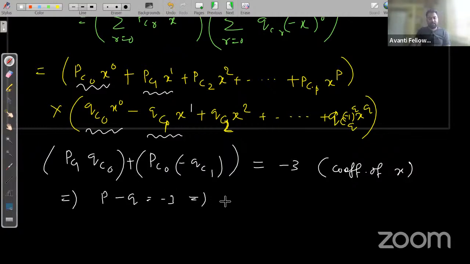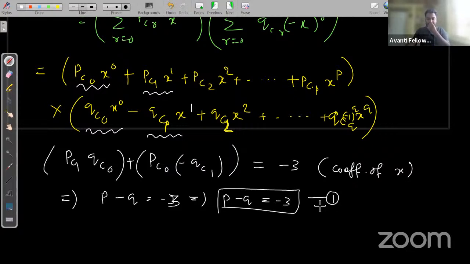So from here we can write p minus q is equal to -3. Suppose this is my equation 1. Clear? This is my equation 1.